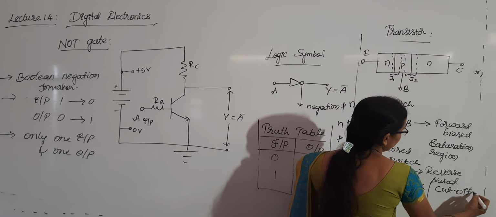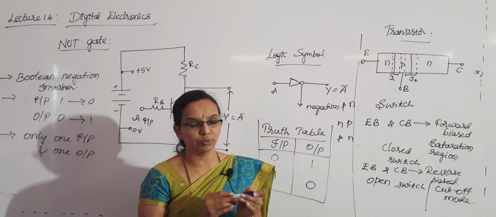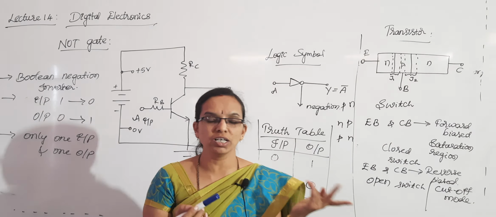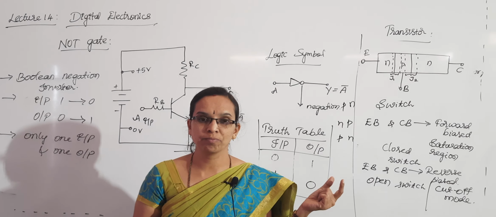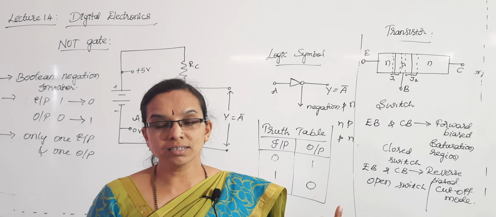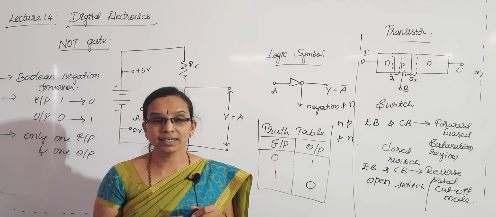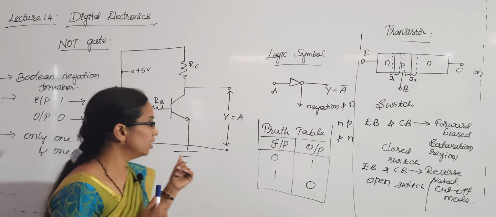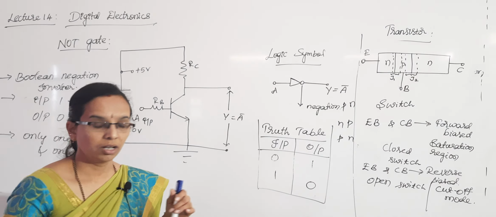When both junctions are forward biased, it is called the saturation mode of the transistor and the transistor acts as a closed switch. When both the junctions are reverse biased, the transistor will be in cutoff mode and acts as an open switch. That is required in analyzing the NOT gate circuit using a transistor.